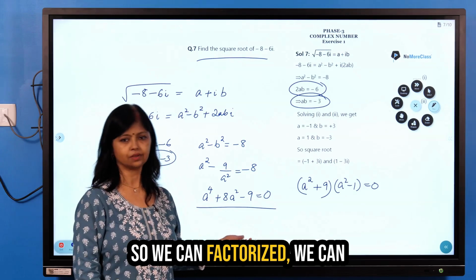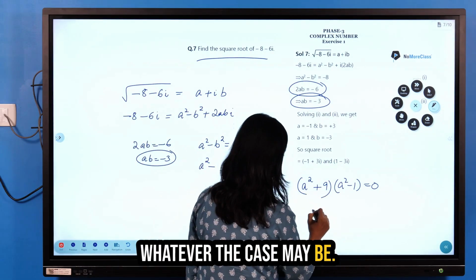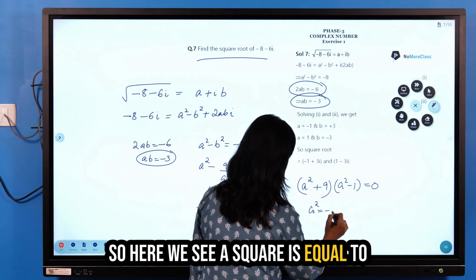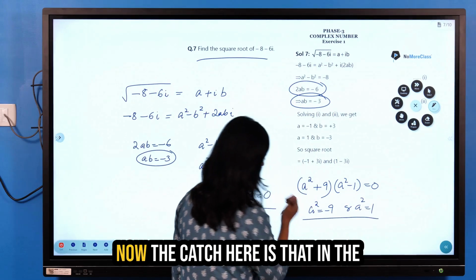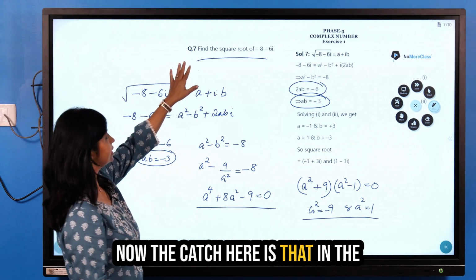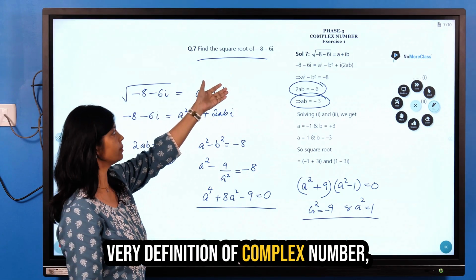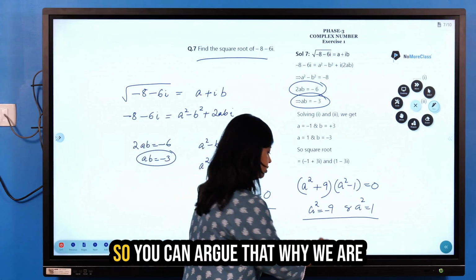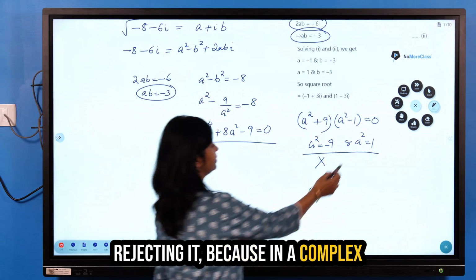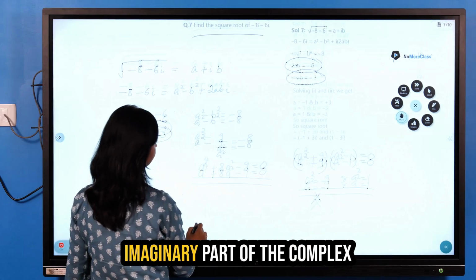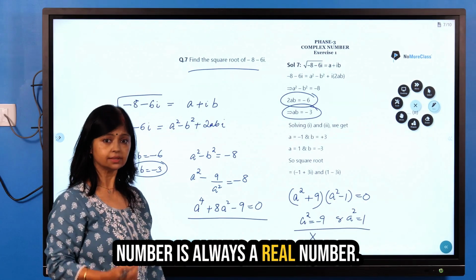We can factorize, or use the quadratic formula, whatever the case may be. So here we see a square is equal to -9 or a square is equal to 1. Now, the catch here is that you can argue why we are rejecting one, since we are in complex numbers. But in a complex number, the real part or the imaginary part is always a real number.